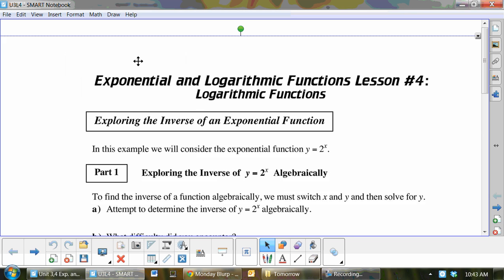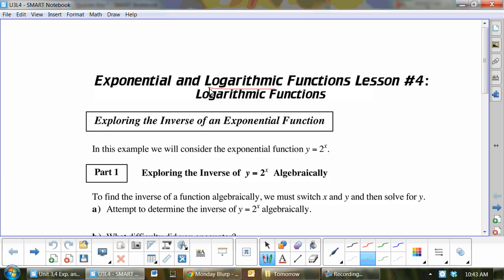Okay, so finally we're going to be talking about the second part of this long title that has been on the last few lessons, and log functions. Today is going to be a very new concept, but I'm going to build it entirely on everything that you've already learned.